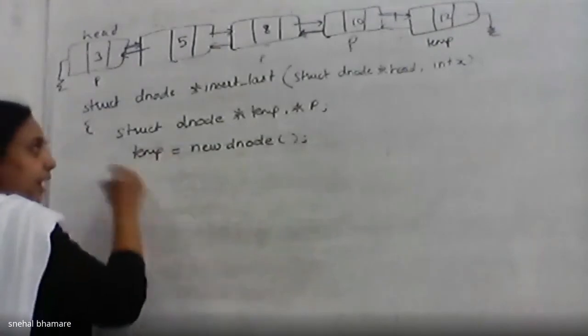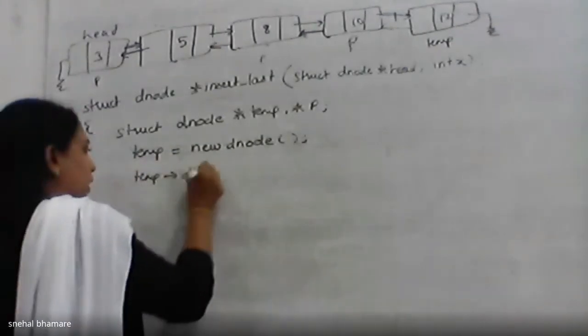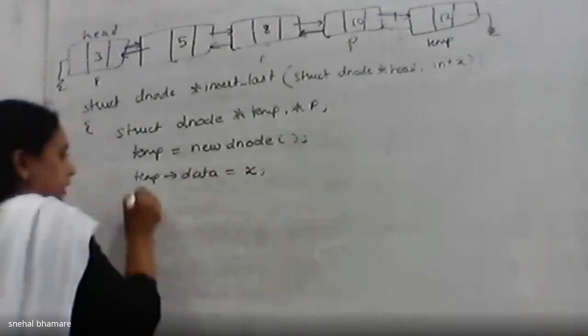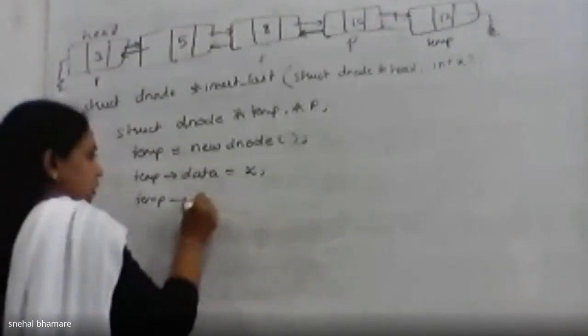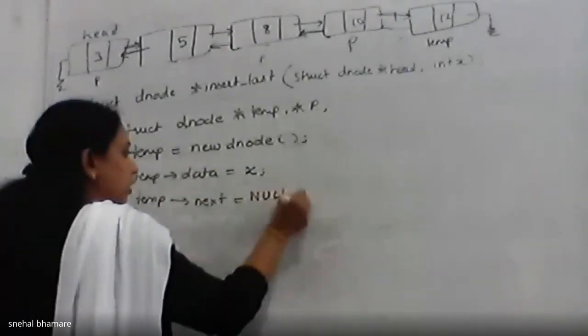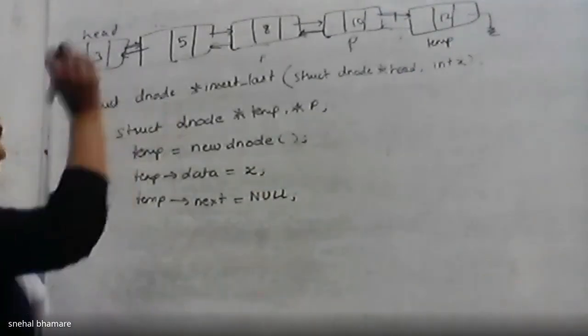Copy the data part: temp data is equals to x. Make its next part null. So temp next is equals to null. Right? We have created it and it will be placed at the last location.